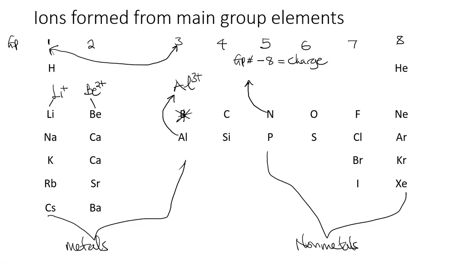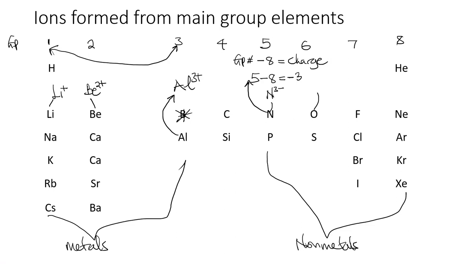So nitrogen is group number 5. Group number 5 minus 8 will give us negative 3. So because of that, nitrogen will form an ion that is N3 minus. Oxygen.